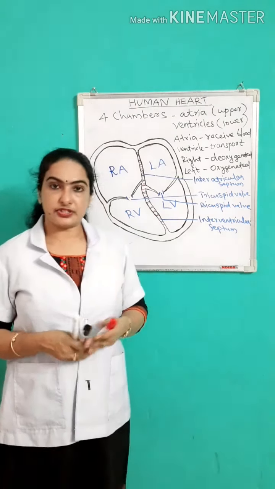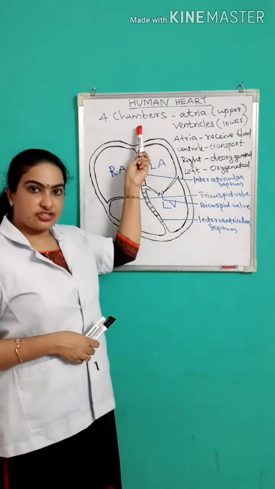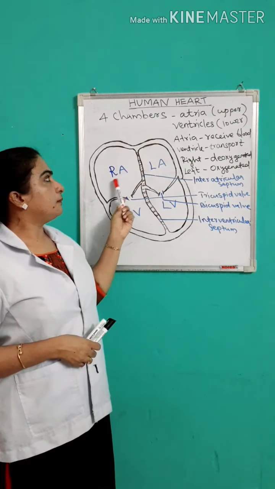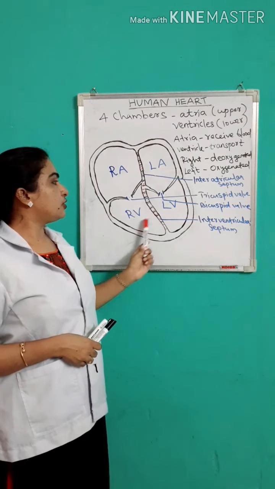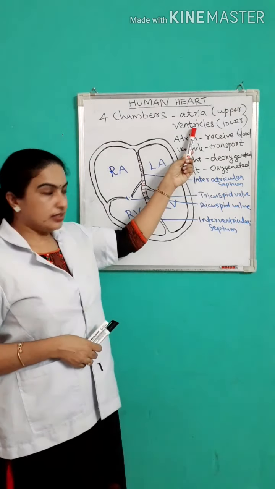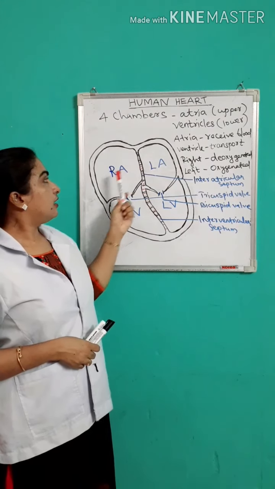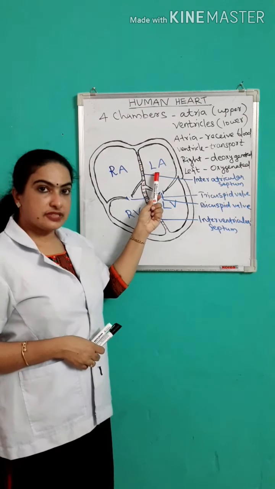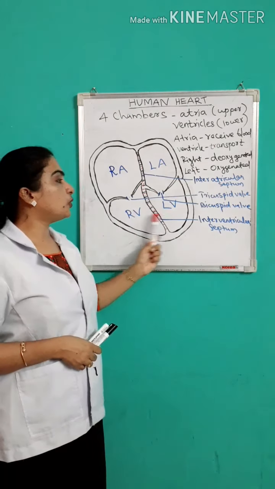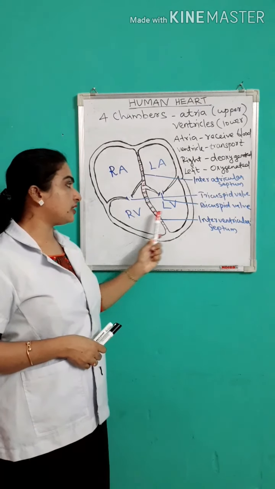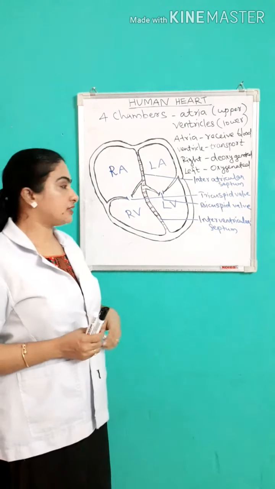Now let's see once more. The human heart consists of 4 chambers. The upper 2 chambers are known as atria, which are wide, and the lower 2 chambers are ventricles, which are narrow. Both the right atrium and left atrium always receive blood to the heart. But the 2 ventricles, the right ventricle and left ventricle, always transport blood from the heart.